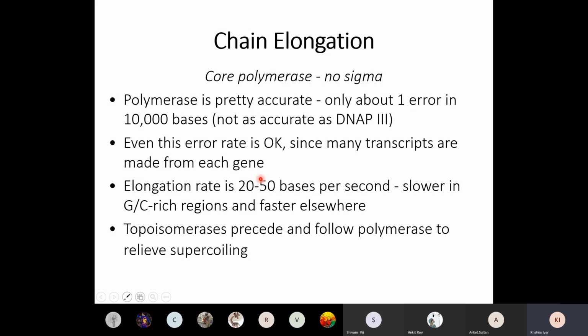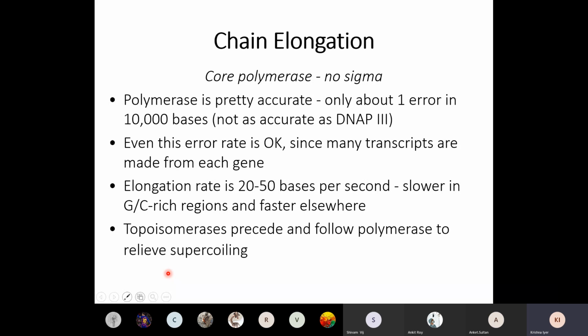Now the RNA polymerase works at a rate of about 20 to 30 bases per second, and typically whenever there are GC rich regions, it slows down because it's more difficult to unwind DNA there, and in AT rich regions it always goes faster. Now see, topoisomerases precede and follow the polymerase to relieve the supercoiling and to induce what is called recoiling.